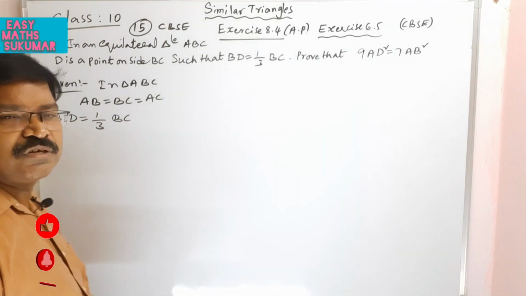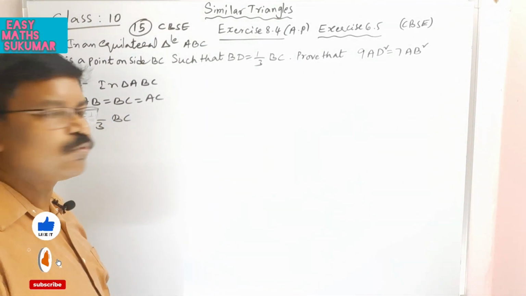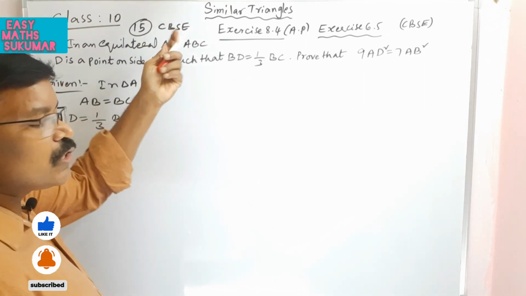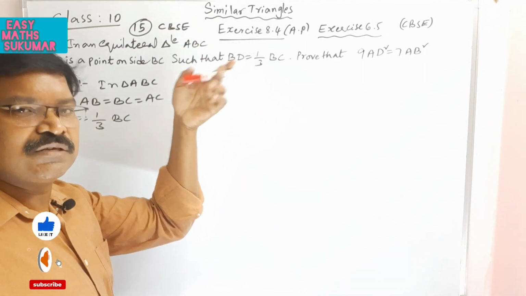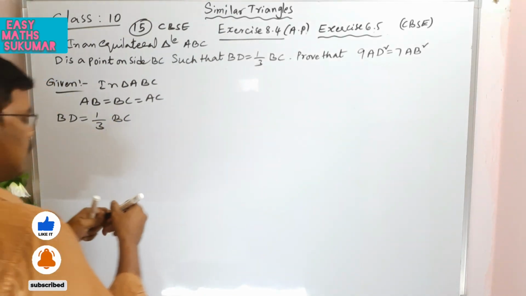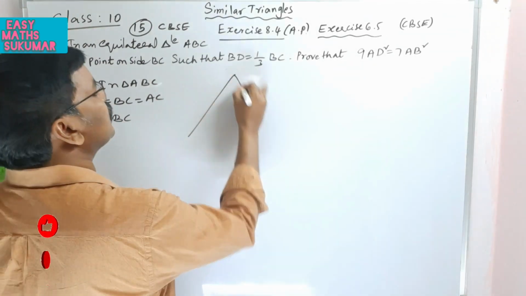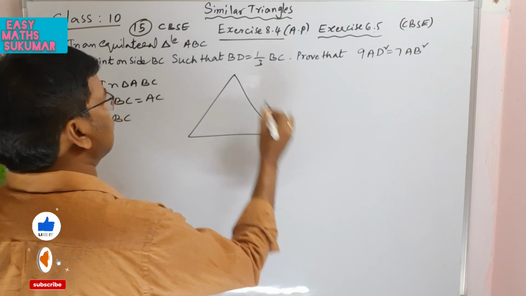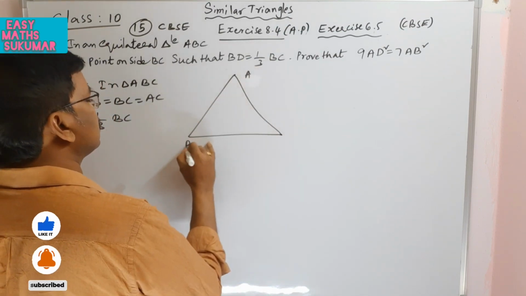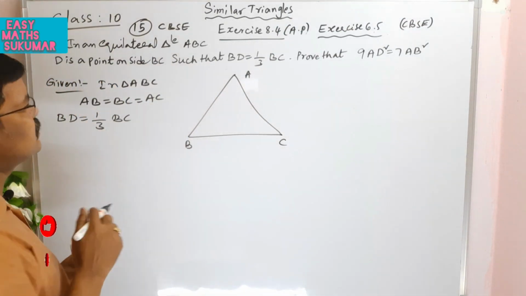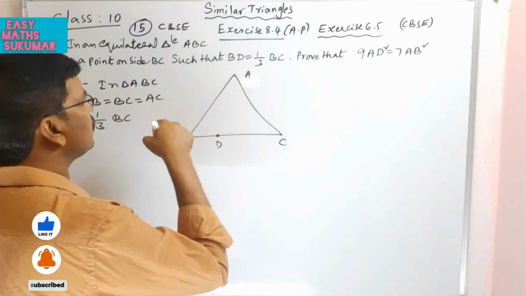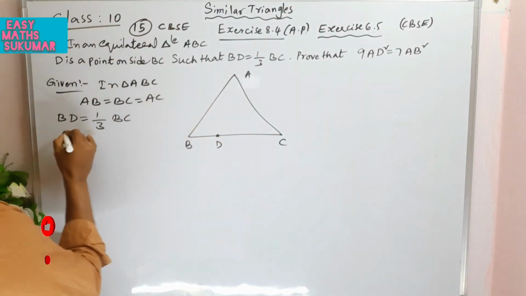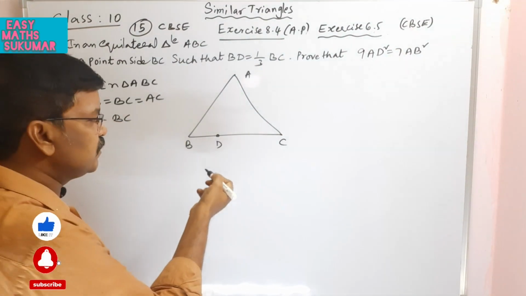Coming to the 10th question in exercise 8.4 for AP board students, and this sum is already in the CBSE textbook also. That is the 15th question in exercise 6.5. In an equilateral triangle ABC, D is a point on BC such that BD is equal to 1/3 of BC.